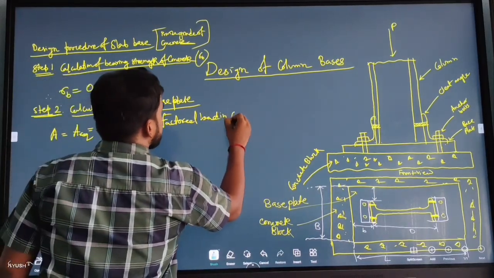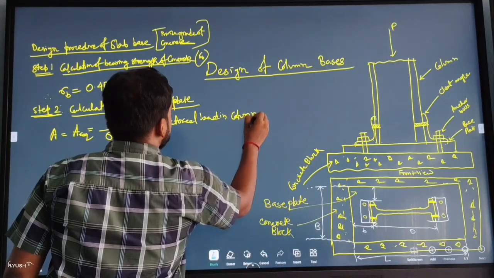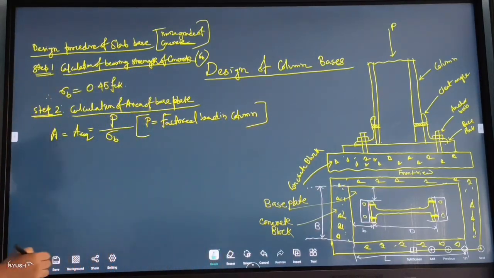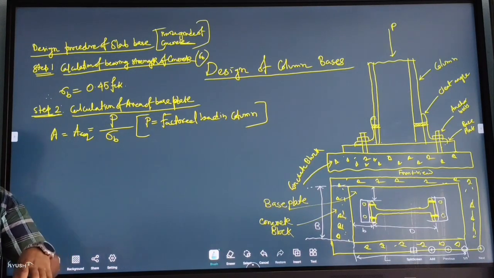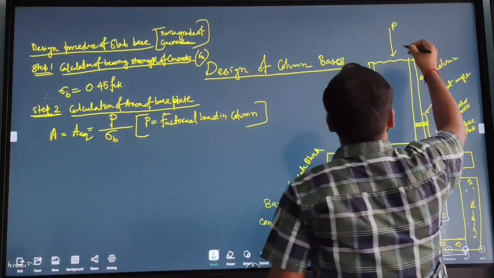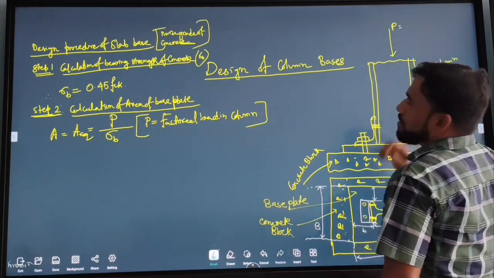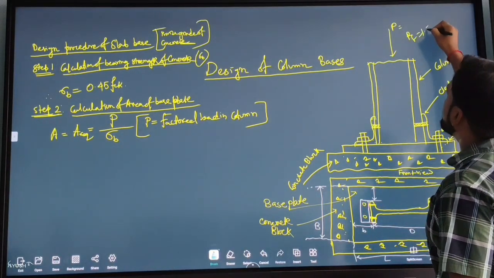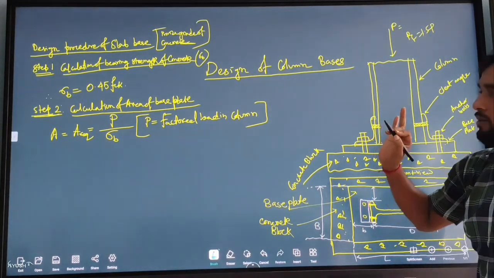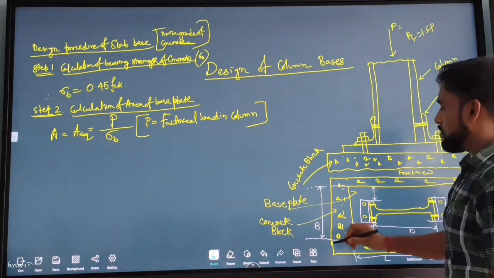Factored load in column. Suppose W is the point compression load, and P is just your working load. Then factored load will be how much? 1.5 into P. Very simple.